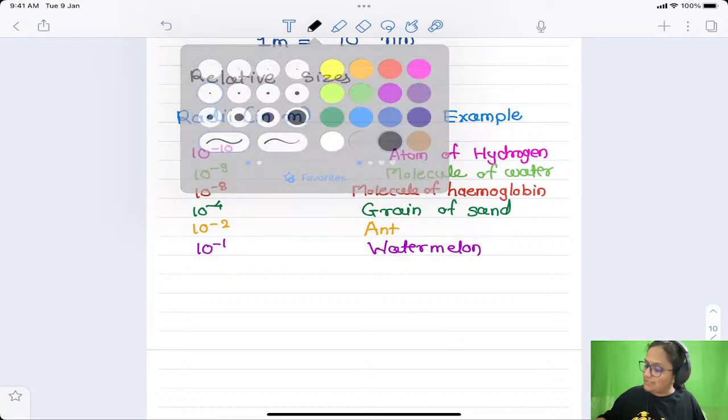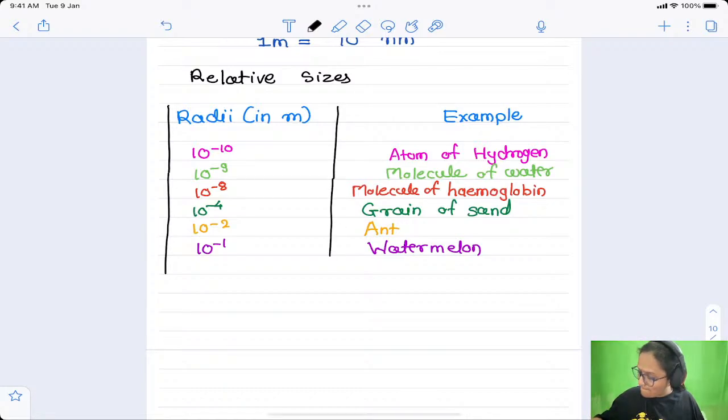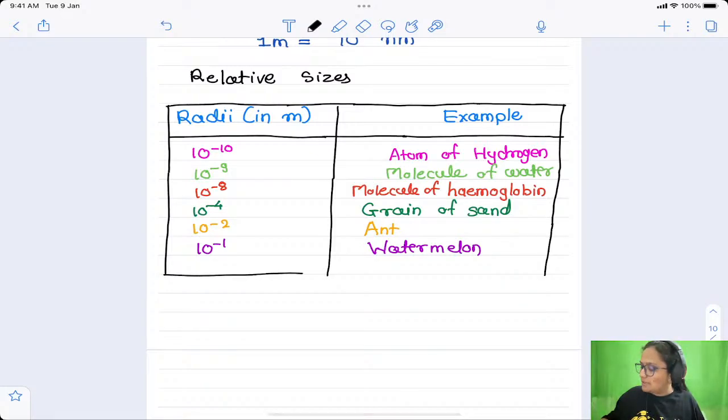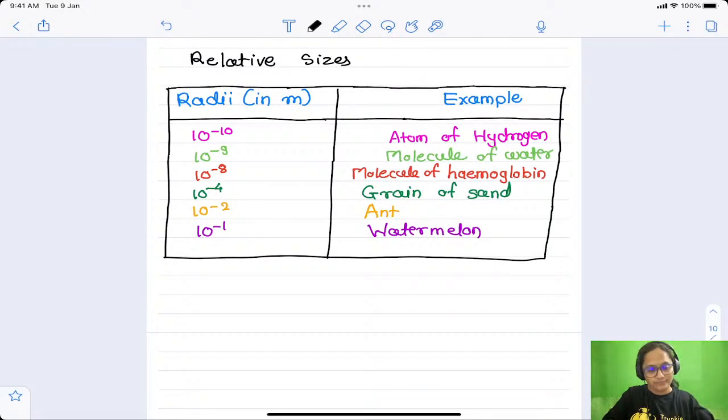So this table gives us the idea about the sizes, how small the atom is. So take a screenshot of this table now.